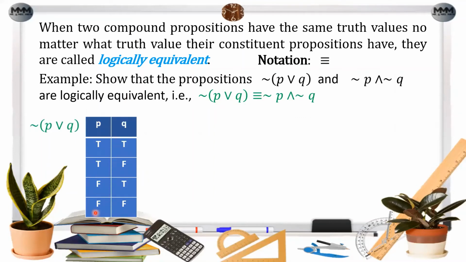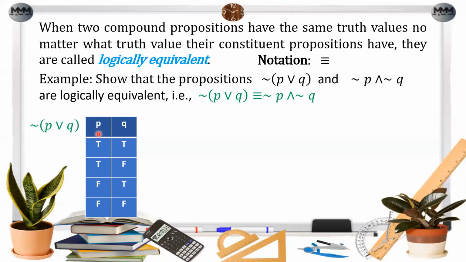So we have T, T, F, F, then T, F, T, F. We construct this for all combinations of truth values. So we have TT, TF, FT, FF. Since we want to find the truth values of this compound proposition, we will do first the innermost, so we will find P or Q.